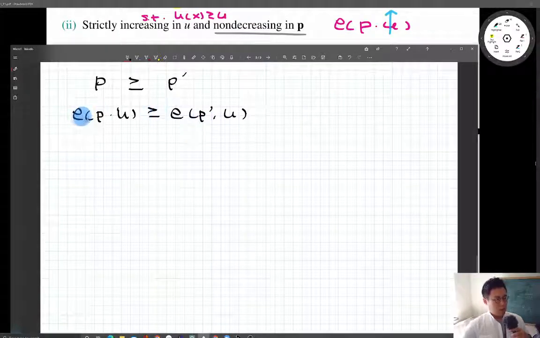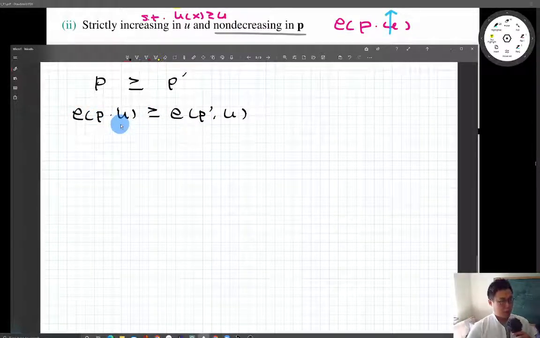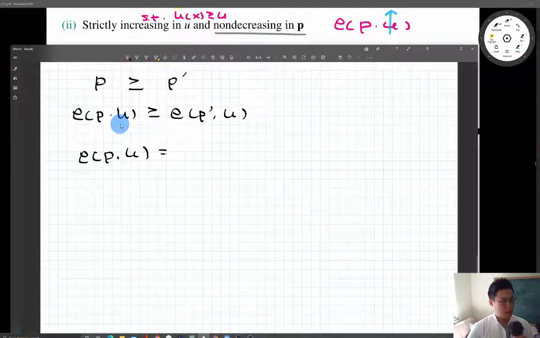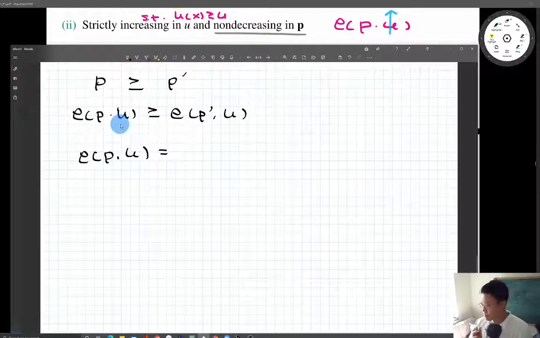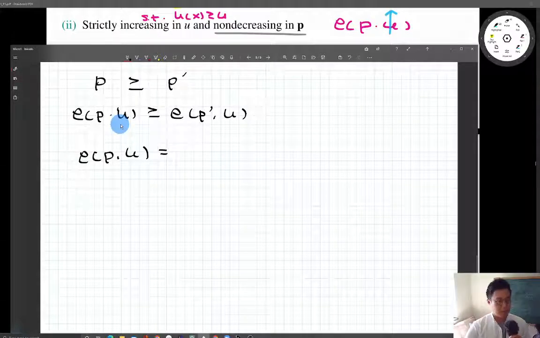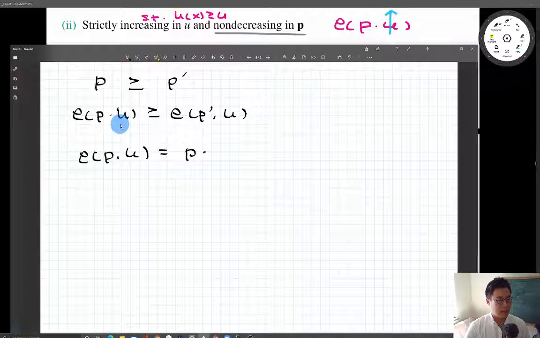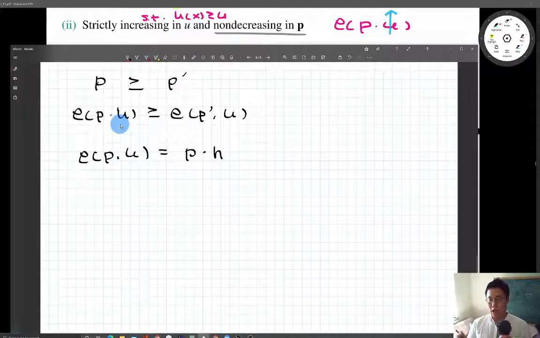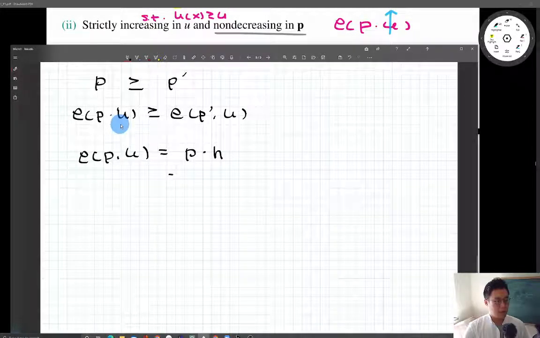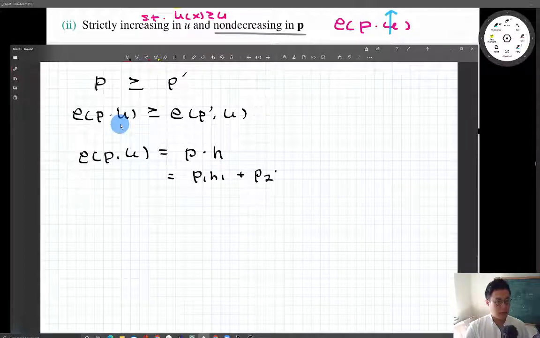All right, and then think about this. E(P, U) is the dot product between the price vector P and the Hicksian demand. So in case of two commodities, it can be written as P1 H1 plus P2 H2.